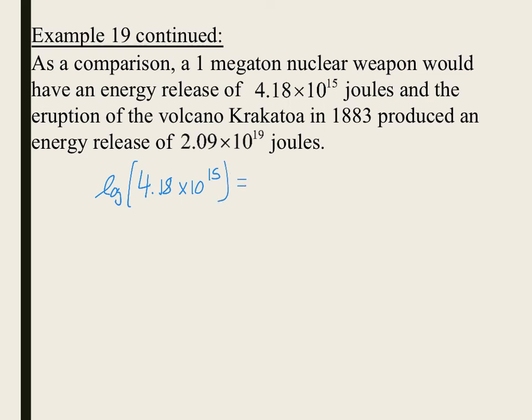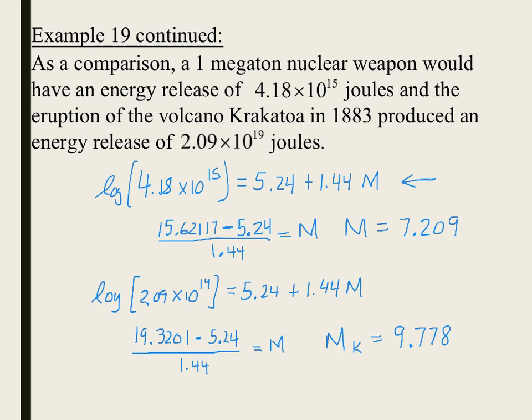That was equal to 5.24 plus 1.44 times m. So this was the 1 megaton nuclear weapon, and so to find m, we will do the following.